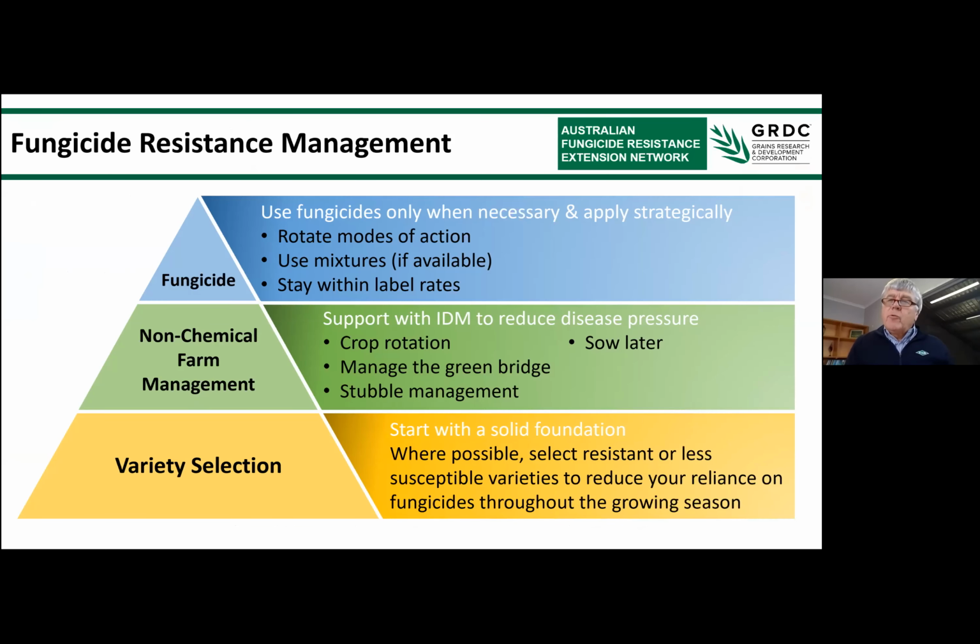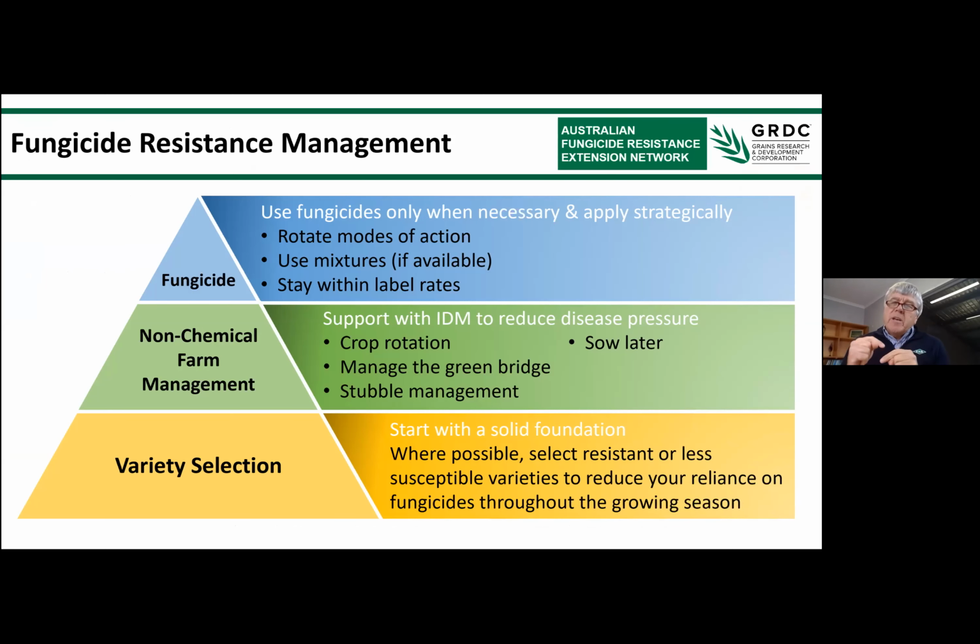Lastly, and it's a real important message, remember that fungicides are only part of the pyramid to control disease. And one of the ways we can make them last longer is trying to ring the changes and rotate our modes of action. And that's difficult when DMIs are the backbone of everything we do.